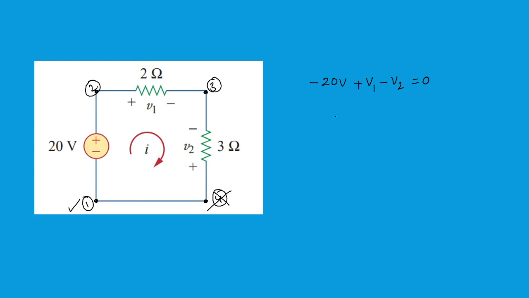So from this I can write V1 is equal to V2 plus 20 volts. So this is what KVL states.